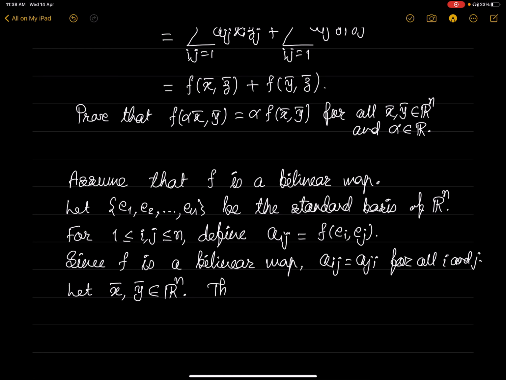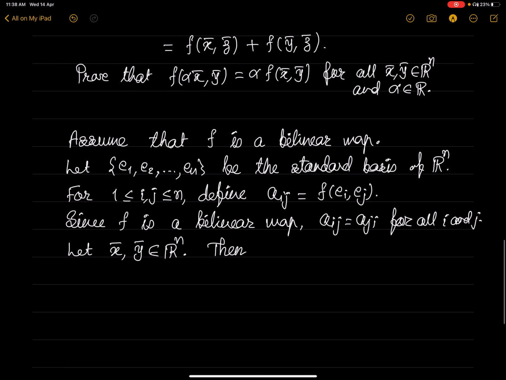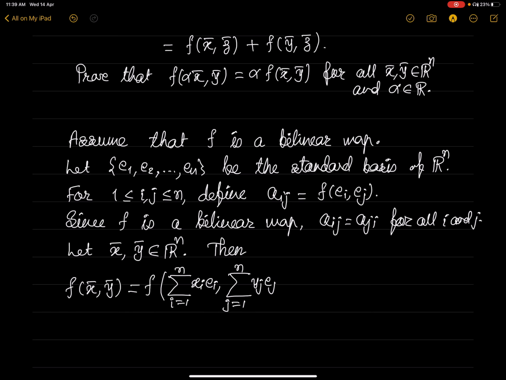Then f of x bar, y bar is f of, now because x bar is x1, x2 up to xn, and E1 up to En is a standard basis for R^n, we can write this as summation i from 1 to n, xi Ei, and we can write y bar as summation j from 1 to n, yj Ej.